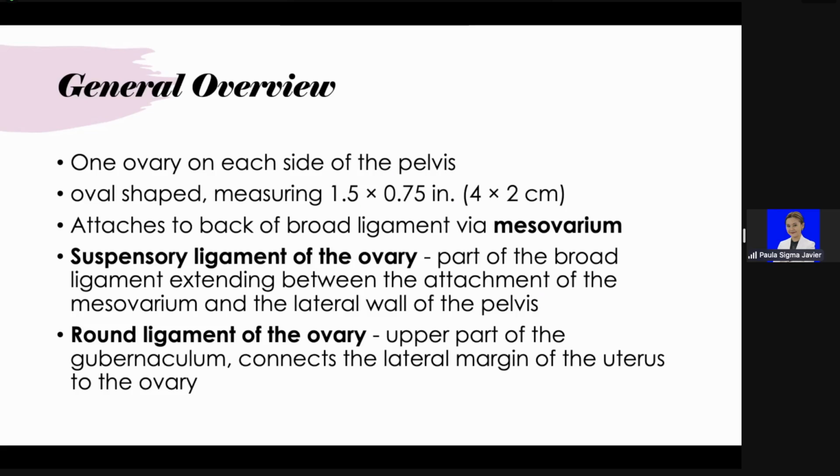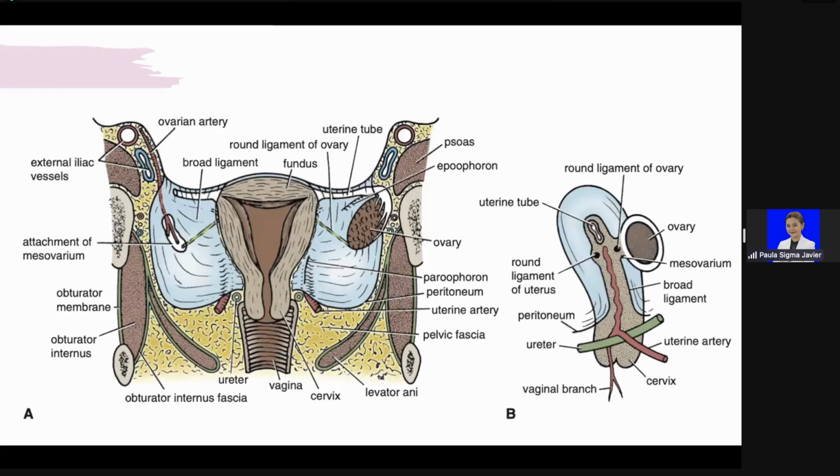The round ligament of the ovary attaches your ovary to the lateral portion of the uterus. This is a remnant of the gubernaculum. So, both the round ligament of the ovary and the round ligament of the uterus are remnants of the ovarian gubernaculum. Okay. So here, just a quick view. This is the ovary.